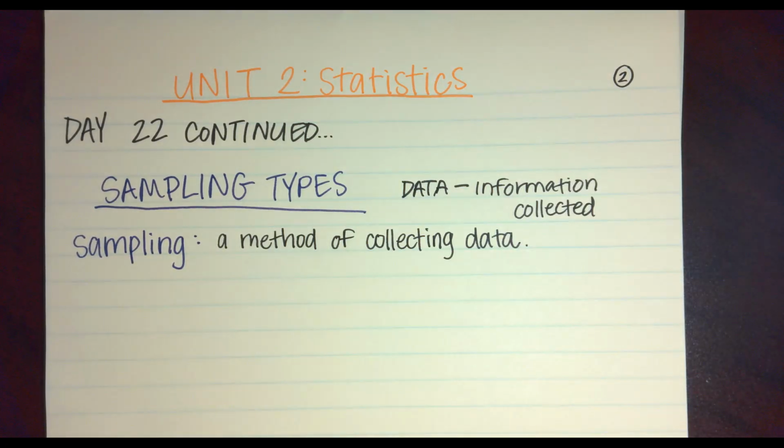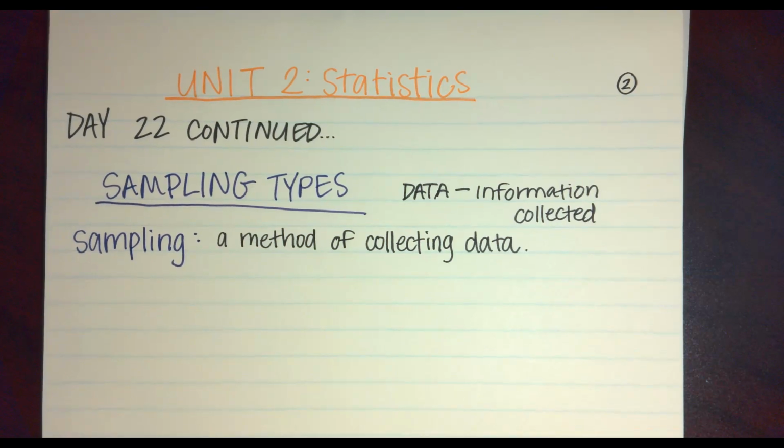So if I were to ask the class, okay, raise your hand if you woke up before 5 a.m. By looking at how many hands are raised, I would be sampling the data and figuring out maybe what percent of you woke up before 5 a.m., for example. We could do all sorts of sampling methods. We could sample by having you write answers down and I collect them. There's all sorts of ways to sample. We're going to talk first about the two different types of sampling though.